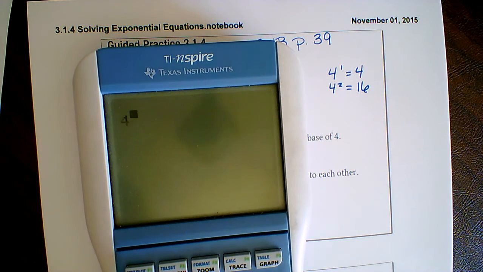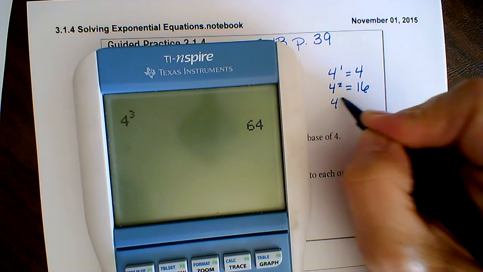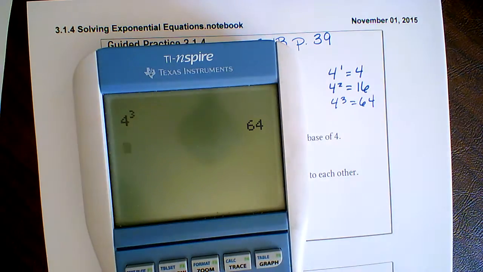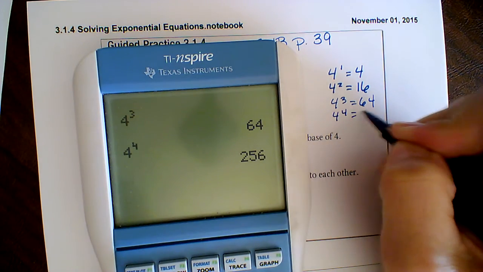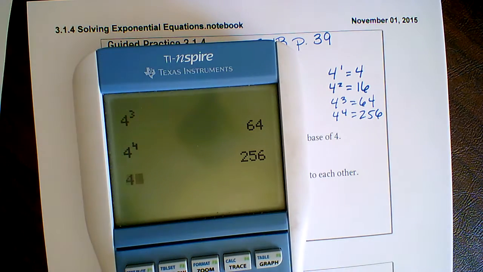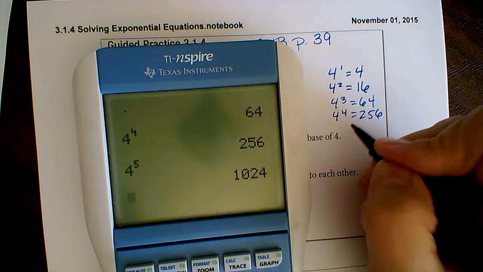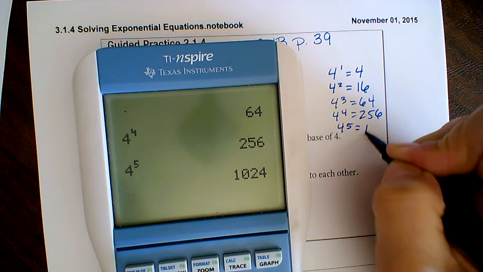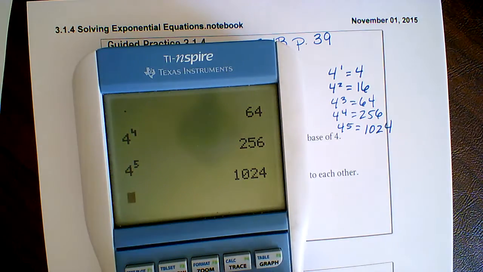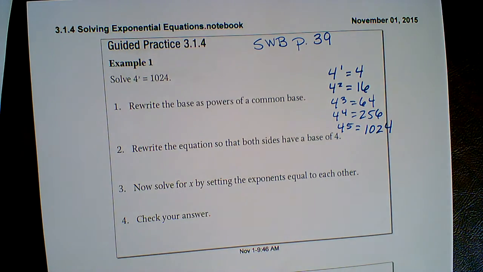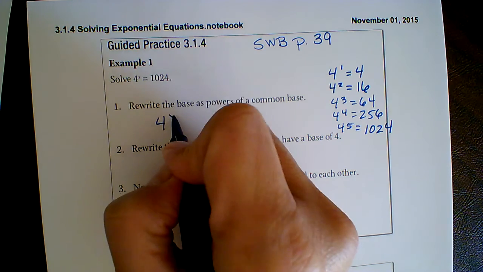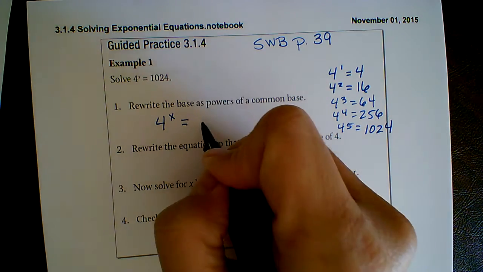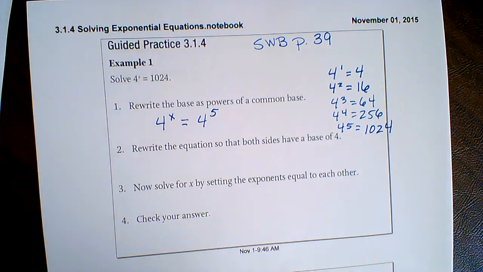So let's take 4 to the third power. 4 to the third power is 64. 4 raised to the fourth power is 256. 4 raised to the fifth power gives us 1024. So we're going to rewrite the base as powers with a common base. So that means 4 to the x, and 1024, I can write that as 4 to the fifth.